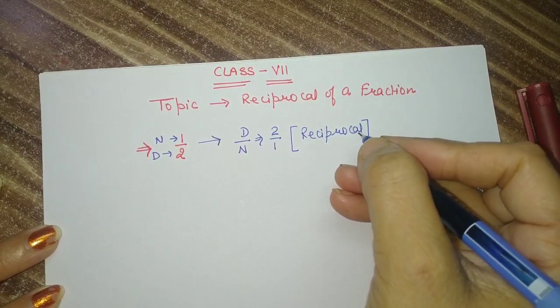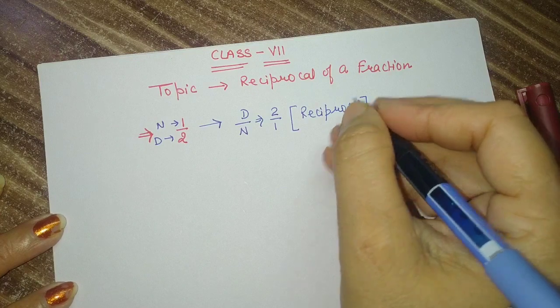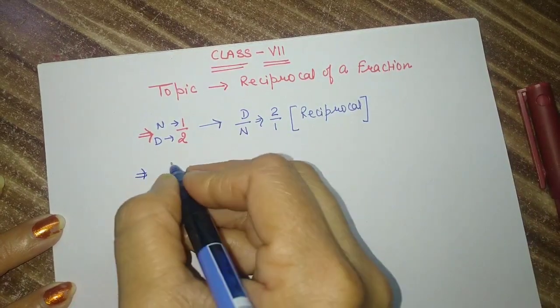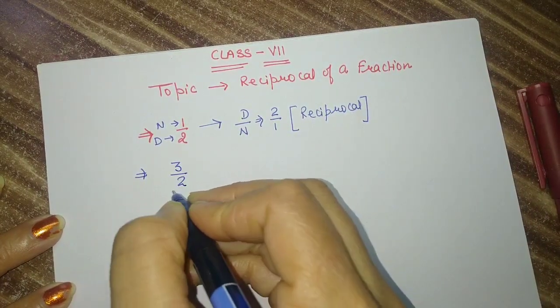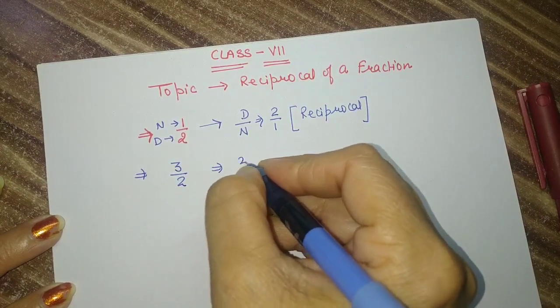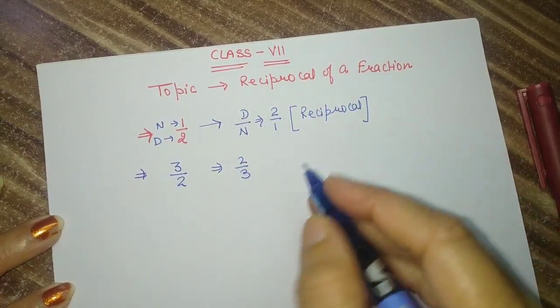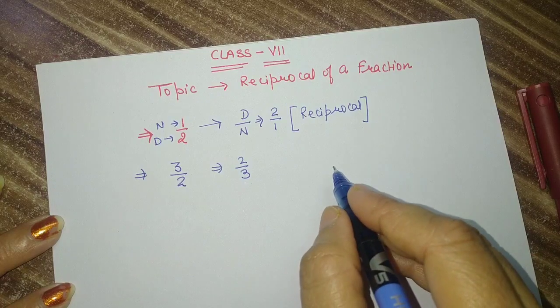Okay, friends. For example, if a fraction is 3 by 2, then 2 by 3 is called the reciprocal of the fraction.